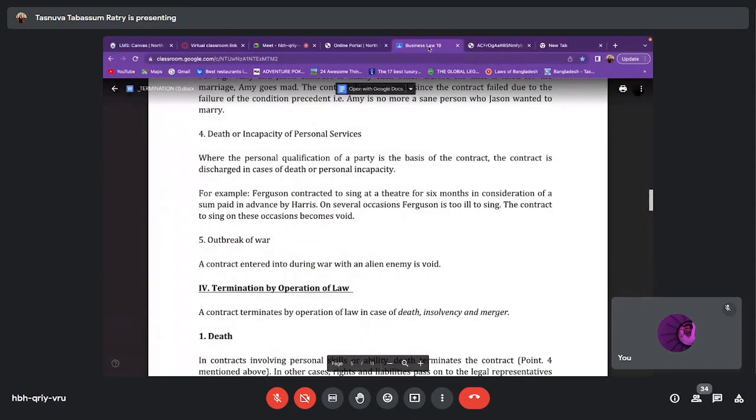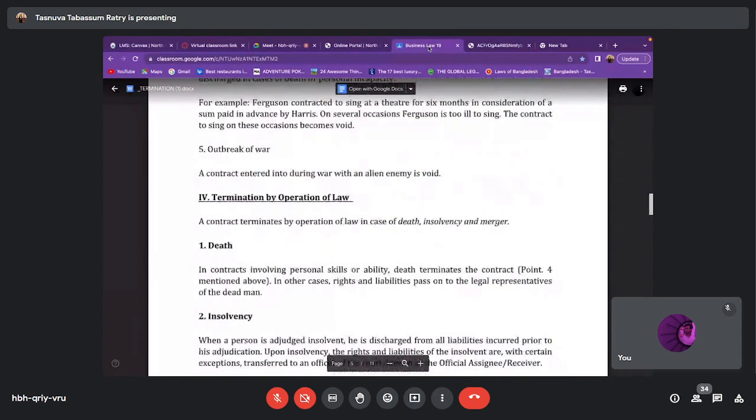In short, if death or incapacity arises for the personal services of the contracting parties, the contract will be terminated as well due to a subsequent impossibility.